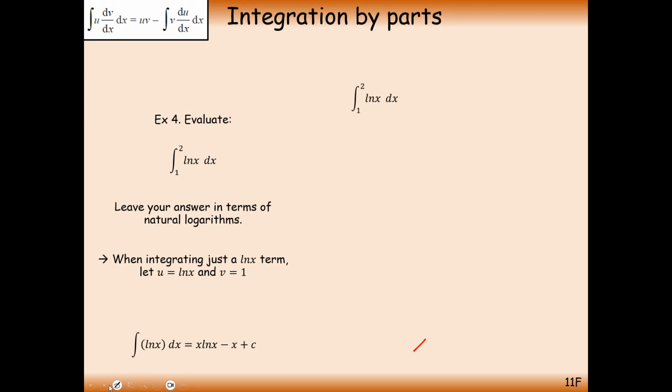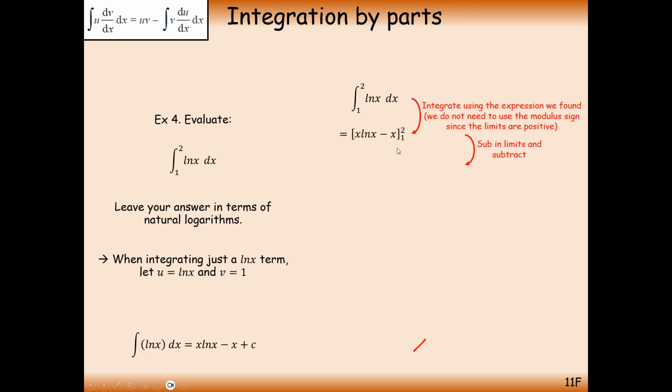So we are going to take that expression now and use the answer that we found on the last page. We're going to substitute 2 and 1 into those limits. We know log of 1 is 0. 0 minus 1 leaves a minus 1 here.